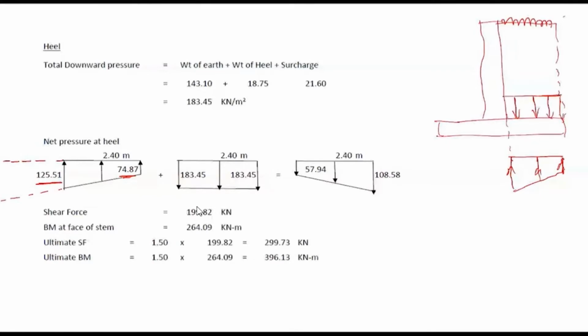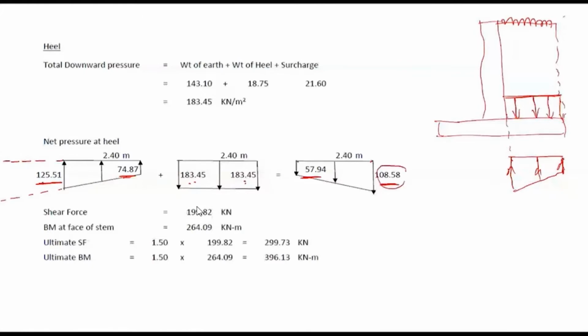So this is 183.45, 183.45. So the net pressure distribution on the heel will be like this, downward. So maximum at this point and minimum at this point. So this is 183.45 minus 74.87, we will get this.